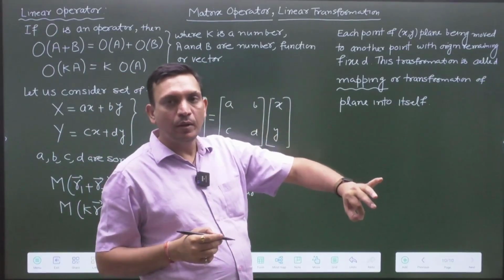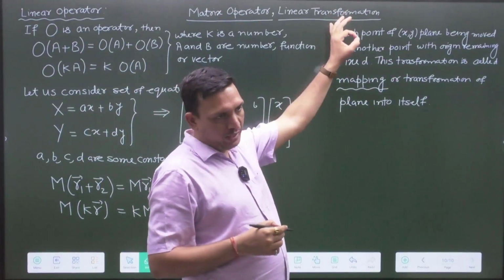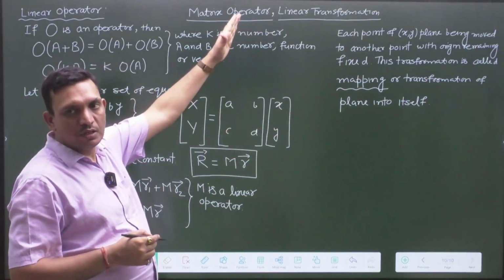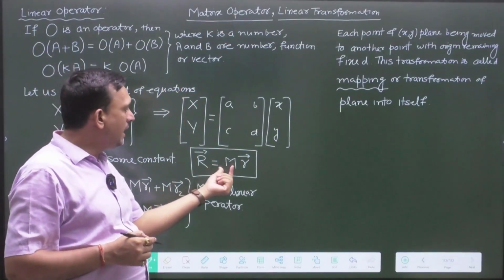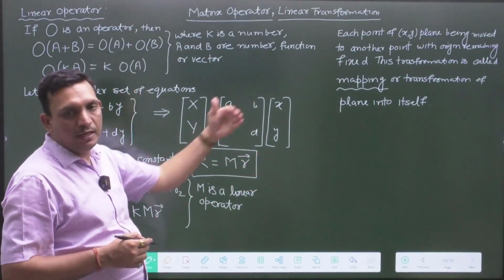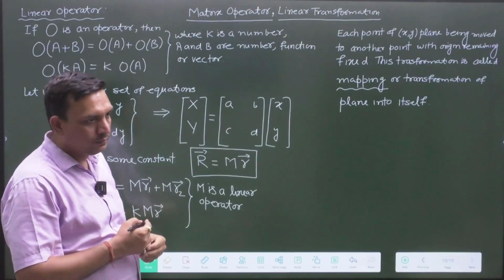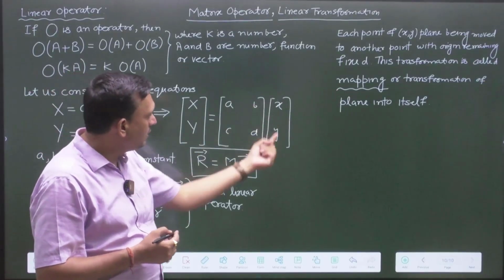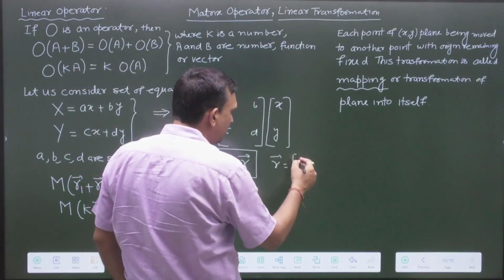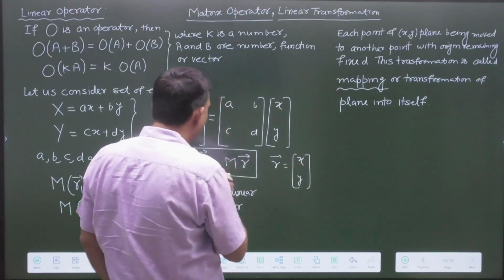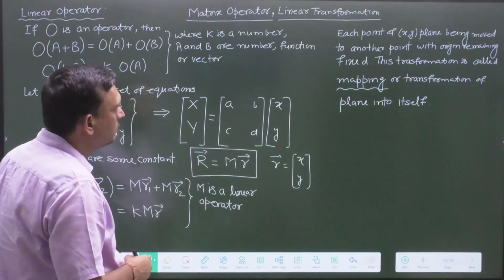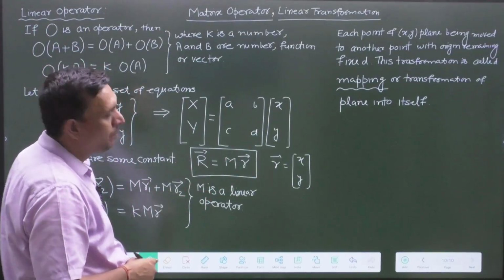For each x, y point, you are getting another point. So it means if you have a vector r, that is rotated to some other vector R. So M is like a rotation matrix that will rotate the vector from r to capital R in the xy plane. The components of vector r are x, y, and capital R is capital X, Y. Yes, small r to capital R. Clear?